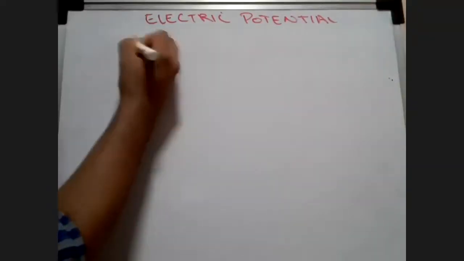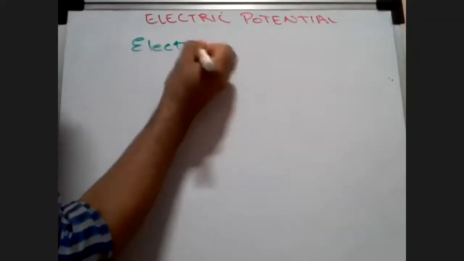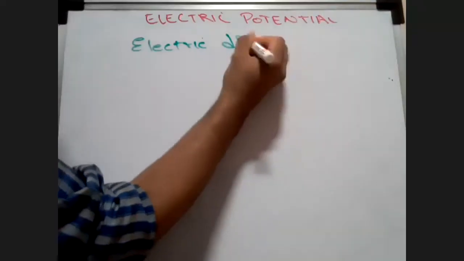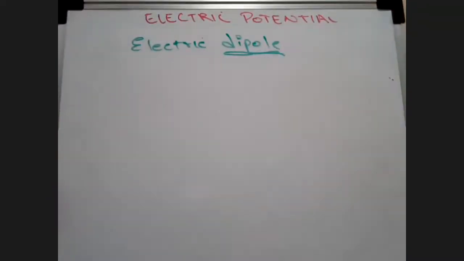So let's go to electric dipole. Now, what does the word dipole mean? Does it have a direction? Is it a vector quantity? All these questions.